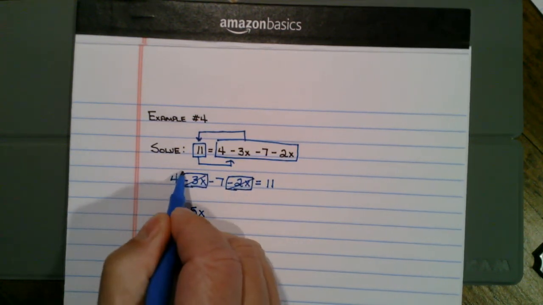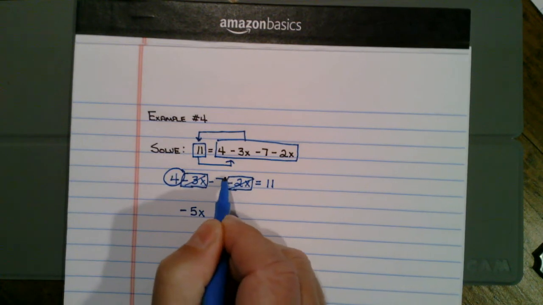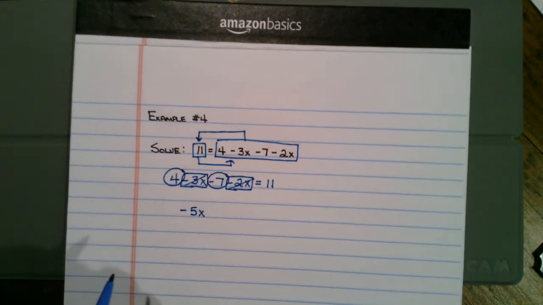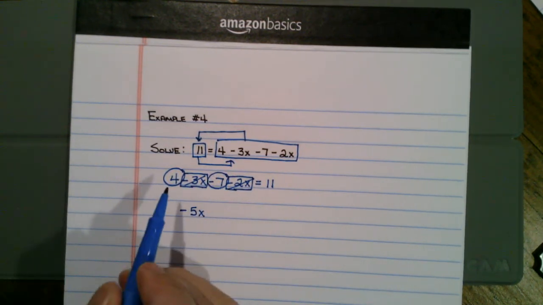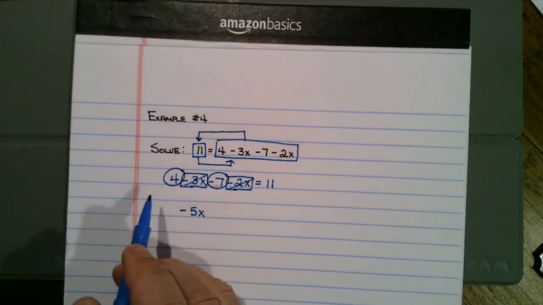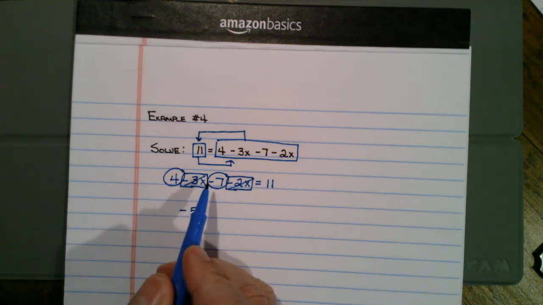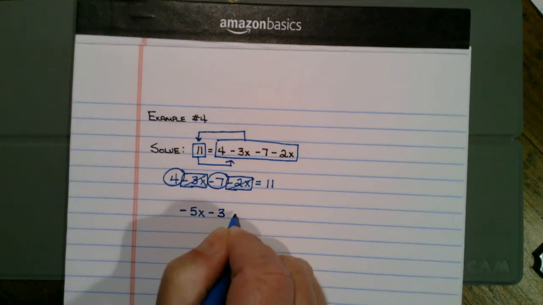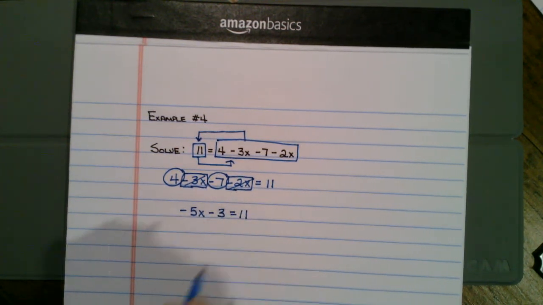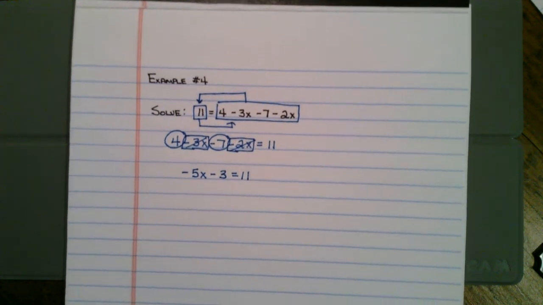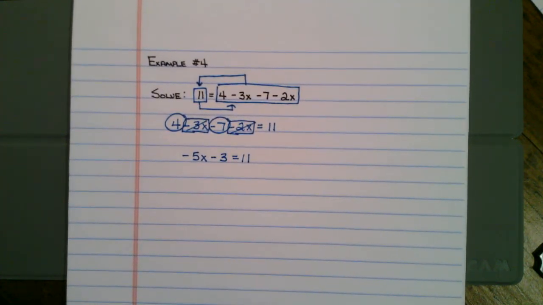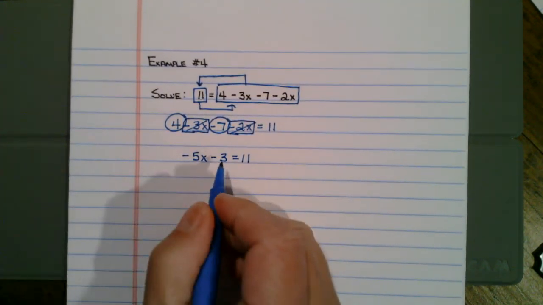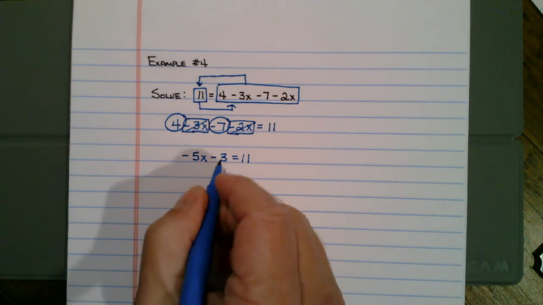I also need to combine these numbers together, 4 and negative 7. Use my rules, the signs are different. I subtract, take the sign of the larger number. So when I combine these two together, I get a negative 3 is equal to 11. Now I need to solve this like a normal two-step equation, undoing my adding and subtracting first.